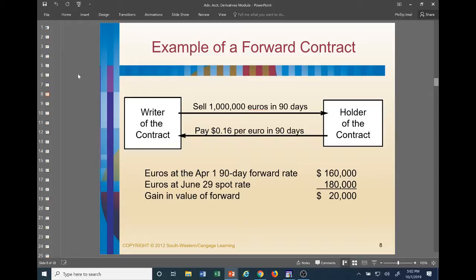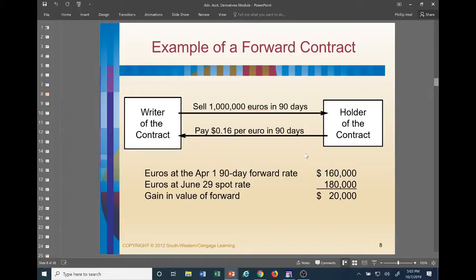So we're going to have a gain of $20,000 in the value of the forward contract. This is a gain because on June 29th, the holder received something with a fair value greater than the fair value given up that day. Obviously this would be a loss to the writer, but it's a gain to the holder. The holder of the forward contract is buying the foreign currencies for $160,000 in 90 days, as agreed on April 1.